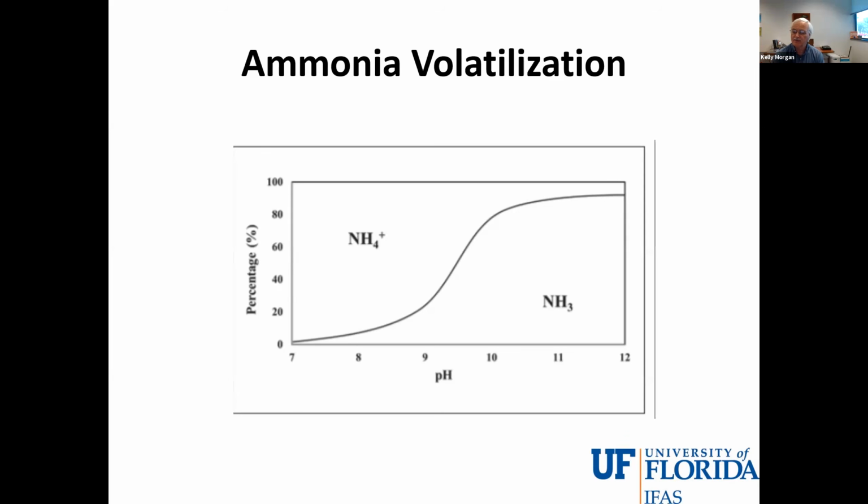Our sandy soils allow the ammonia to release into the atmosphere, and you're losing your nitrogen source at that point. So it's not recommended to apply only an ammonium form at a pH above 7. This has to be taken into consideration with our recommendations.